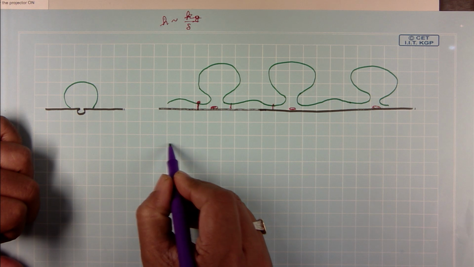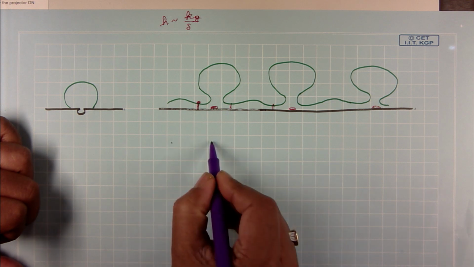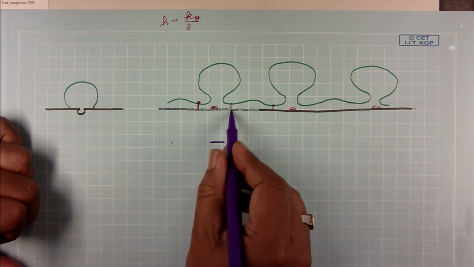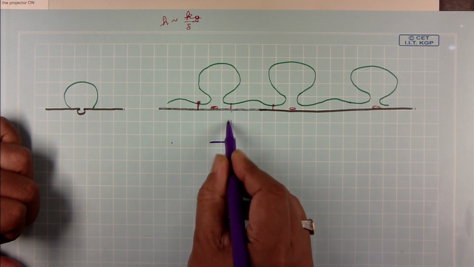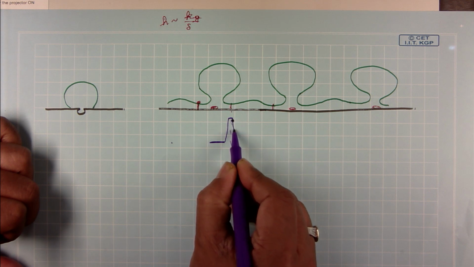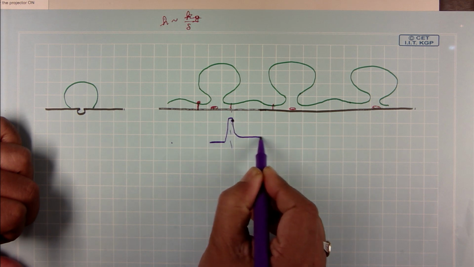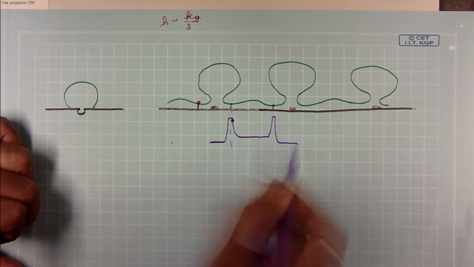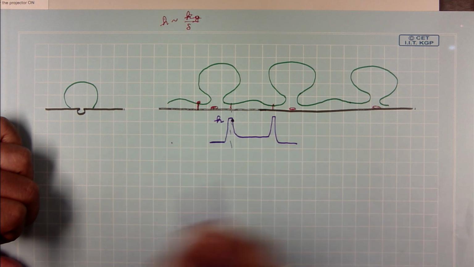So, the heat transfer coefficient is going to be really low under the bubble. It is going to peak like a delta function, and that is how the heat transfer coefficient is going to look, is not it?